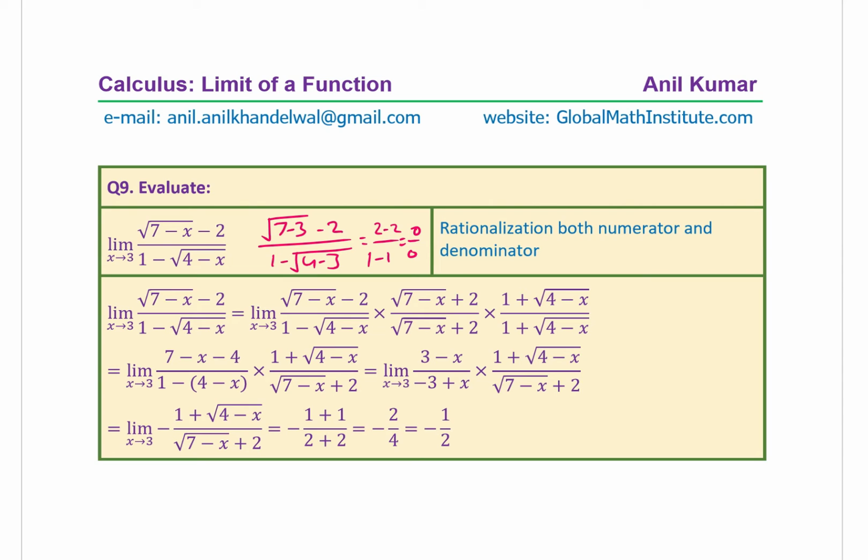Now, some of the students do not realize there could be rationalization with both numerator and denominator. So in this particular question, we have to rationalize both numerator and denominator. The numerator has been rationalized with the conjugate, square root of 7 minus x plus 2 divided by square root of 7 minus x plus 2, and also by the denominator conjugate as shown here.